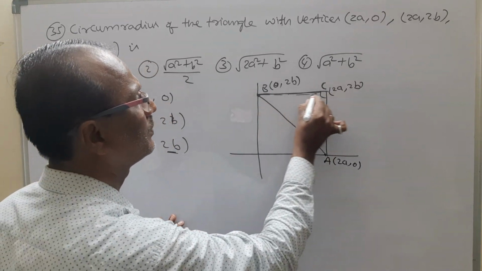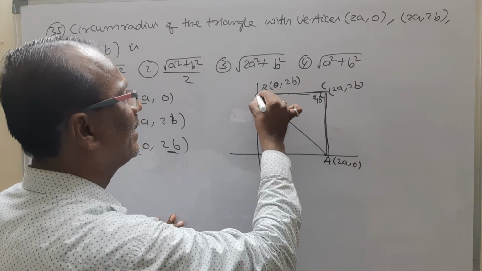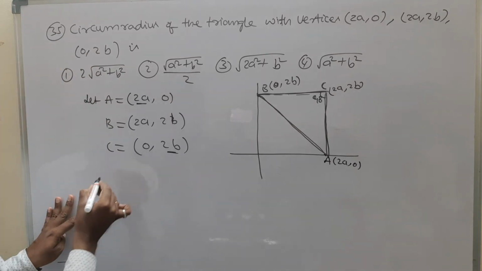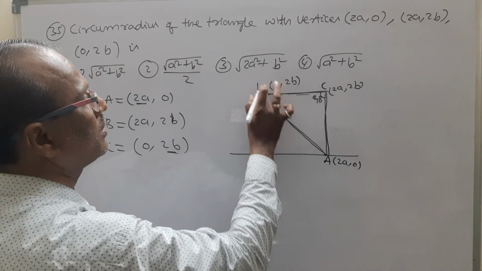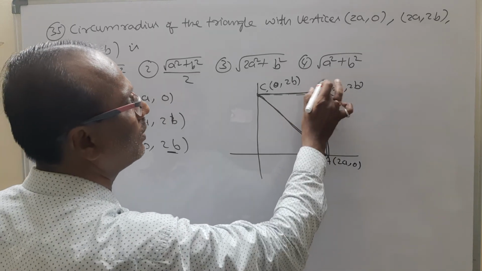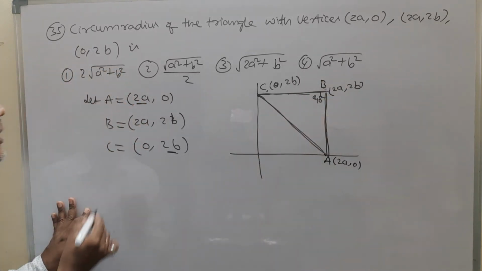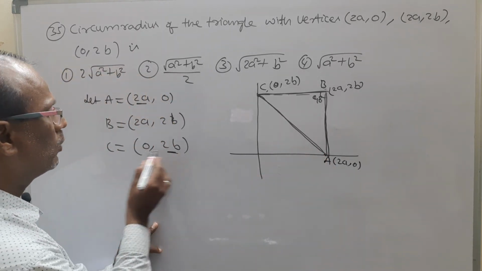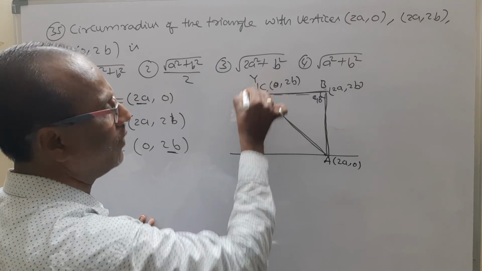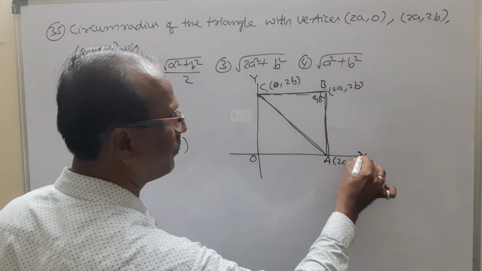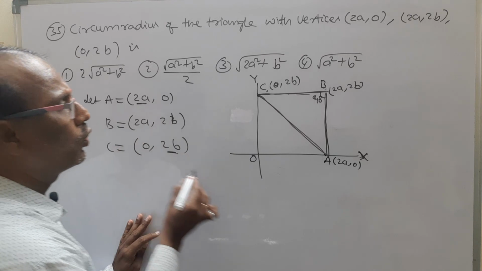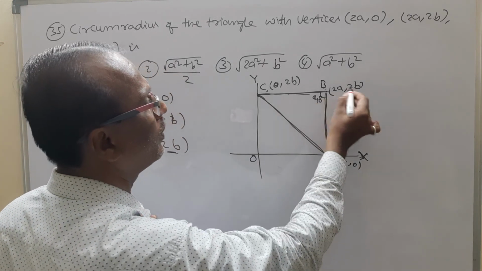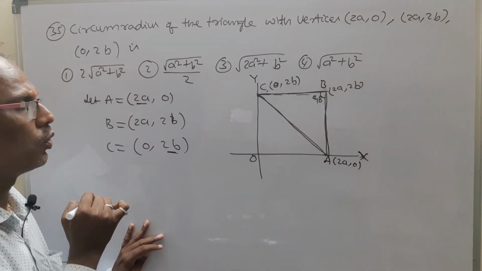This is the origin. Next B equal (2a, 2b). This is the distance 2a, this is the distance 2b. To draw the triangle, this is 2a units, and (2a, 2b) is the vertex with 90 degrees. This is the triangle. The vertex opposite the 90 degrees is the hypotenuse.